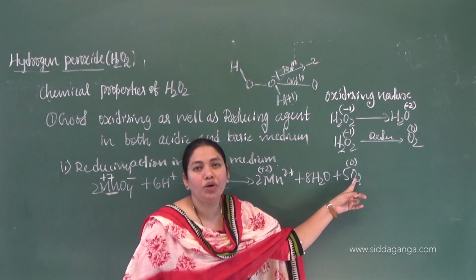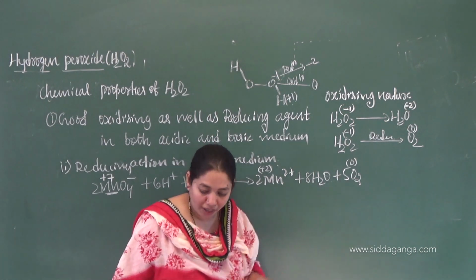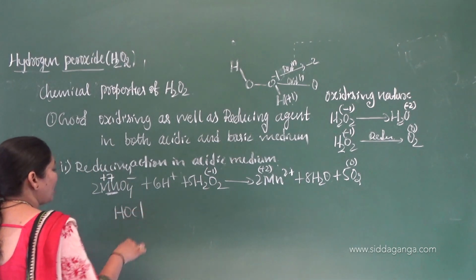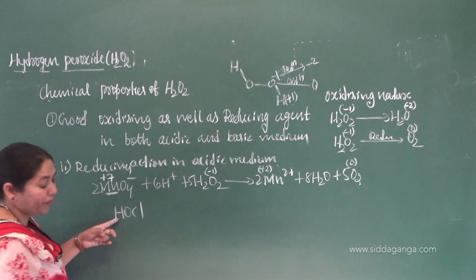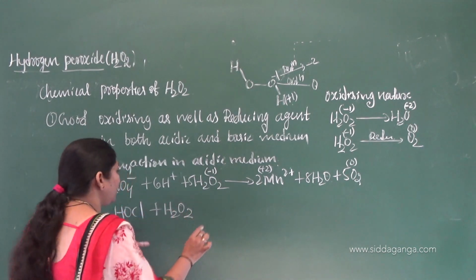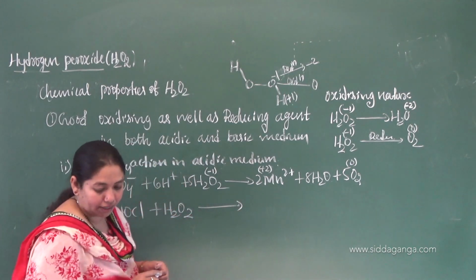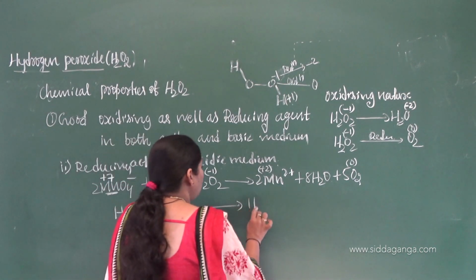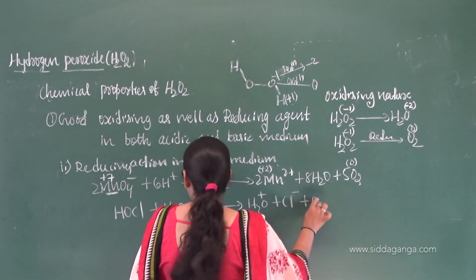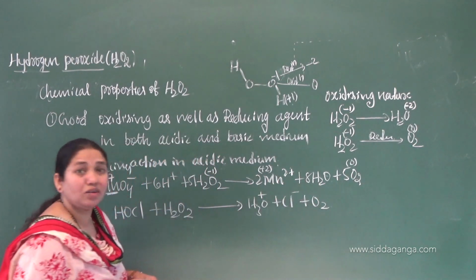What is the product you are going to get here? Oxygen. Okay, so one more example they have given, that is hypochlorous acid, HOCl. If it reacts with hydrogen peroxide, it will be converted into H3O plus, Cl minus, plus O2.